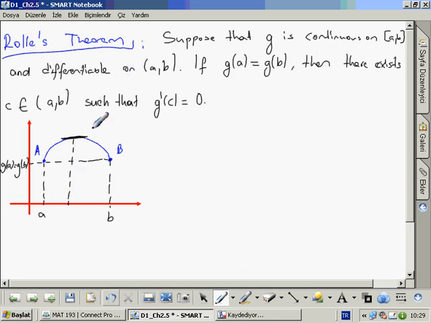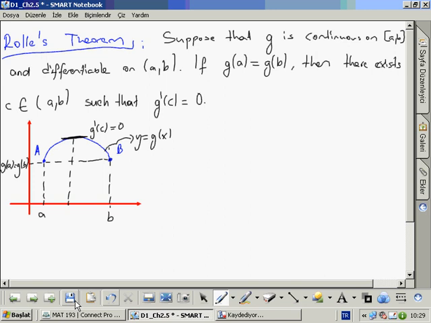That means g prime of c equals 0, and of course this is the y equals g of x function.